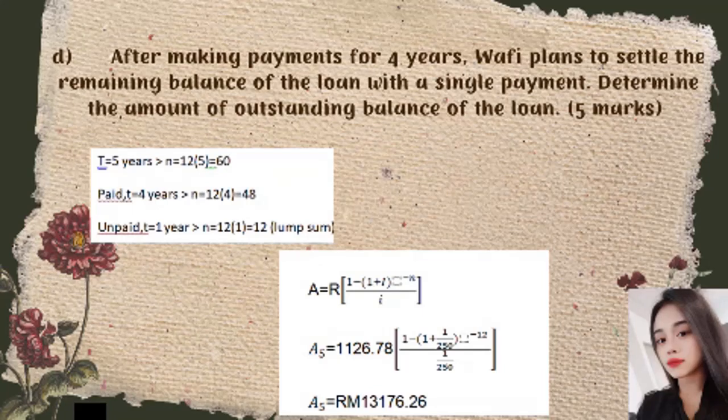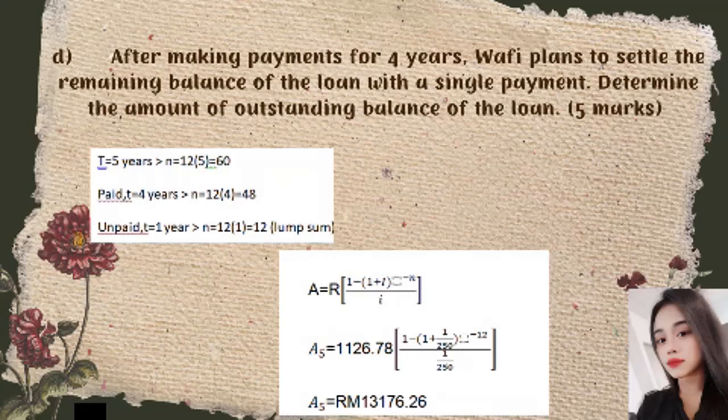So for this question, we will use a formula A equal to R[1 - (1 + i)^(-n)] over i.